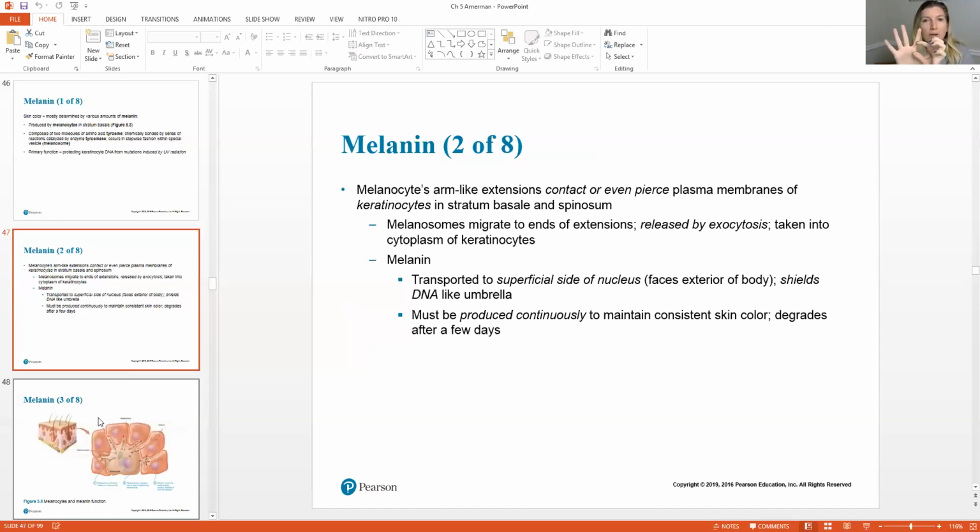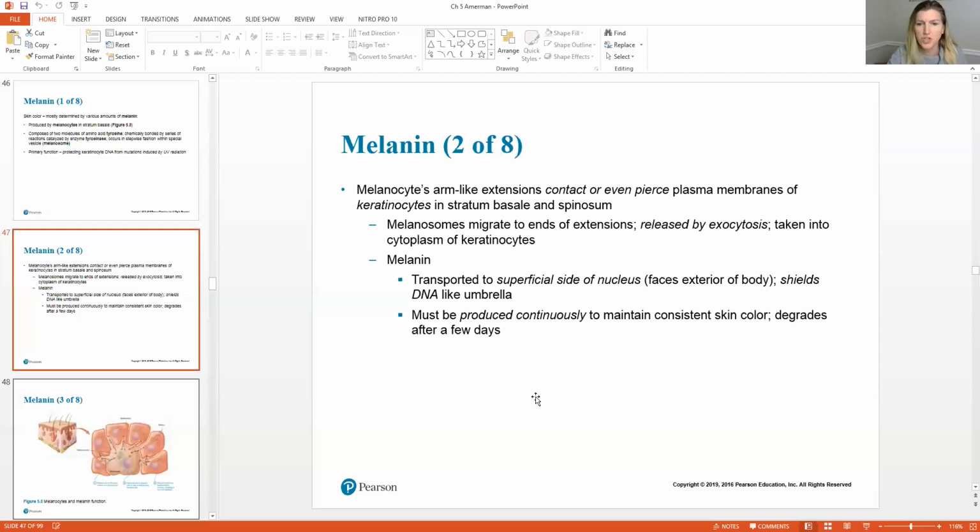And so the higher up those melanosomes go in the layers, that's going to dictate how dark your skin is. And so this production will occur in increased magnitude when you're exposed to UV light and based on your genetics. Every single human being has the same number of melanocytes. It's the number of melanosomes and the amount of melanin that varies between individuals.